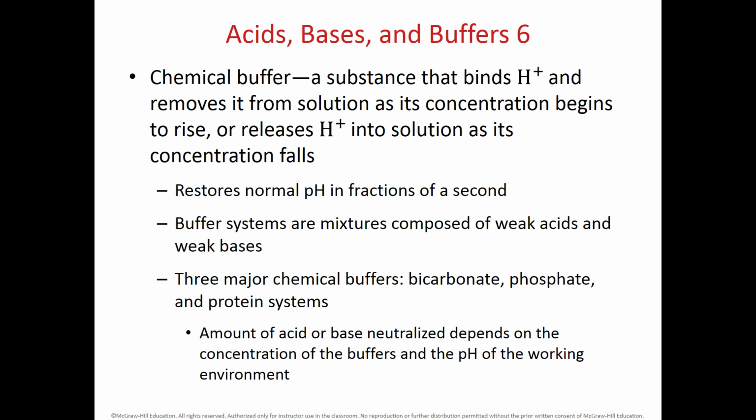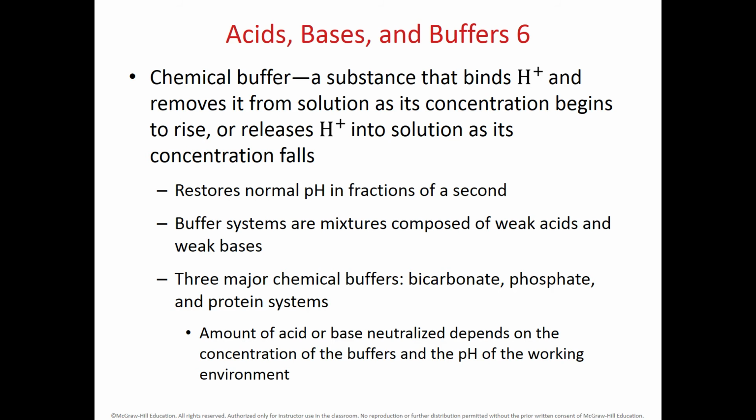This will help to restore the pH balance in fractions of a second, and buffer systems will be a mixture of weak acids and weak bases in our body. In our body, we don't have strong acids or strong bases. We only have weak acids and weak bases that are necessary to deal with all these changes in hydrogen ion concentrations. So we don't need strong acids or strong bases.